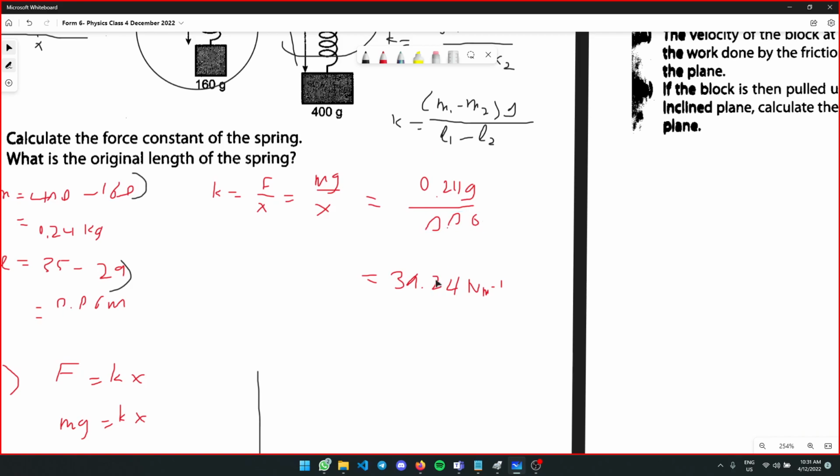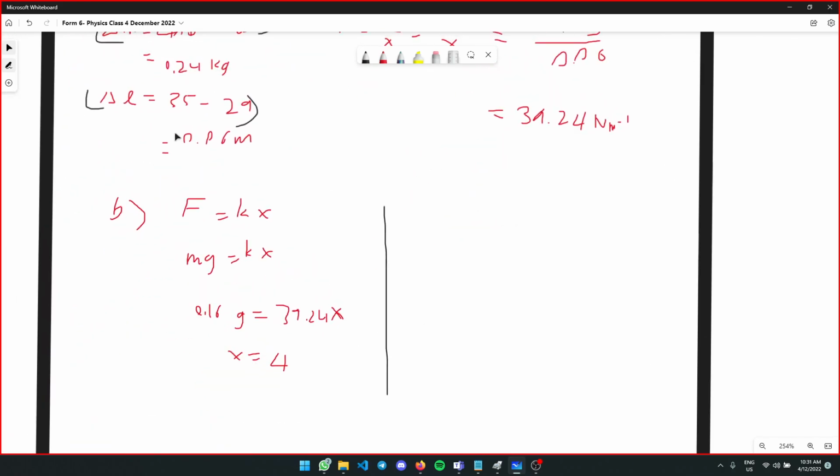You don't get 39.24? 0.24 and 9.81, divide 0.06. Okay, now you get 39. If this is the first one, this is the FMG, first string.